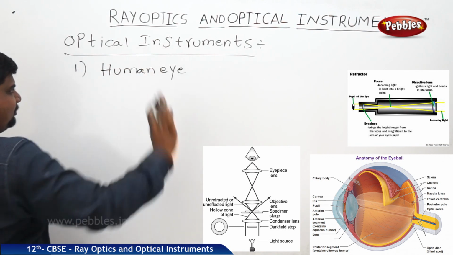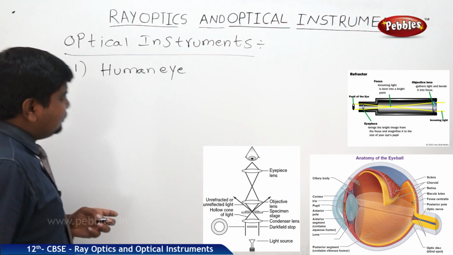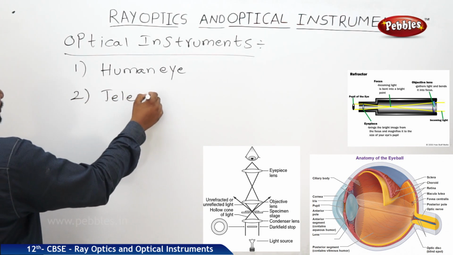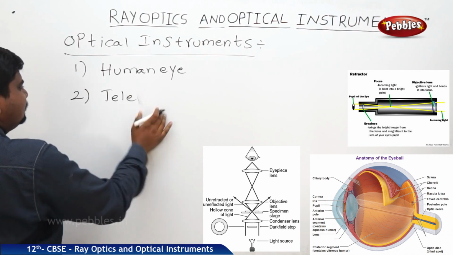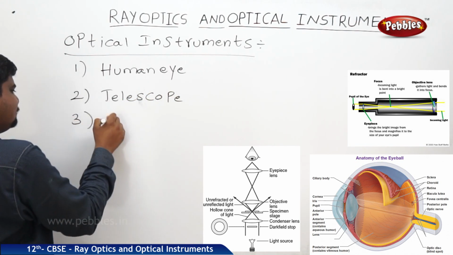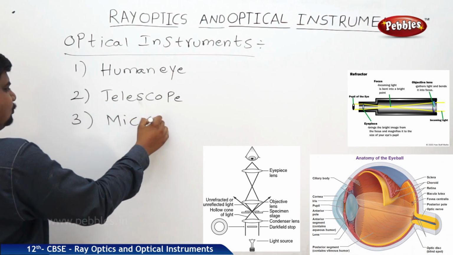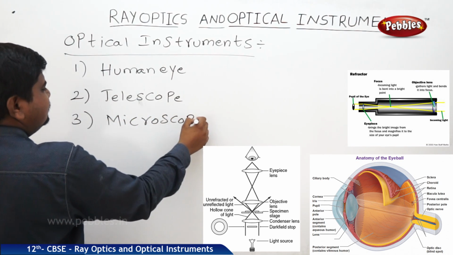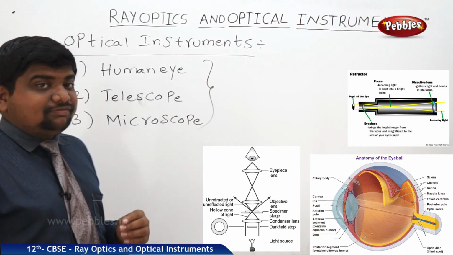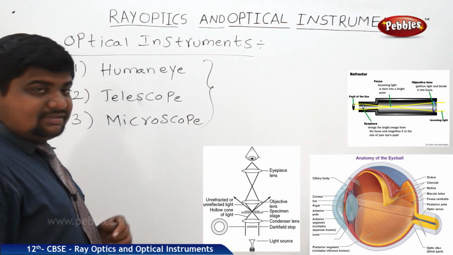This is the best optical instrument. It is God made, we know that. Next, telescope. Next, microscope. Whatever the order, these are the three major optical instruments, the designing and functioning of optical instruments in our syllabus.